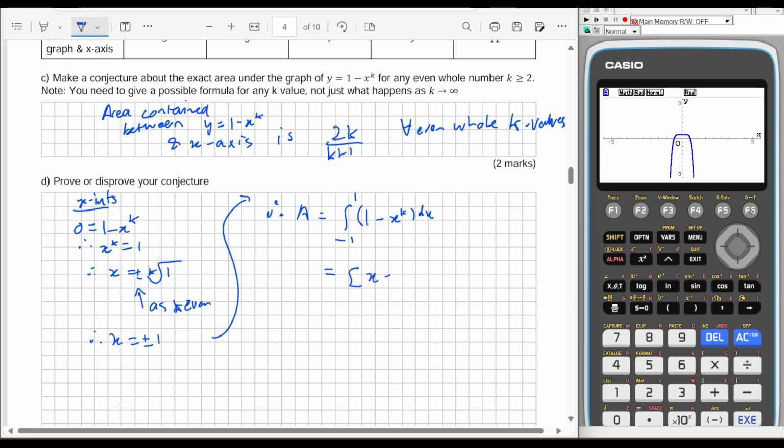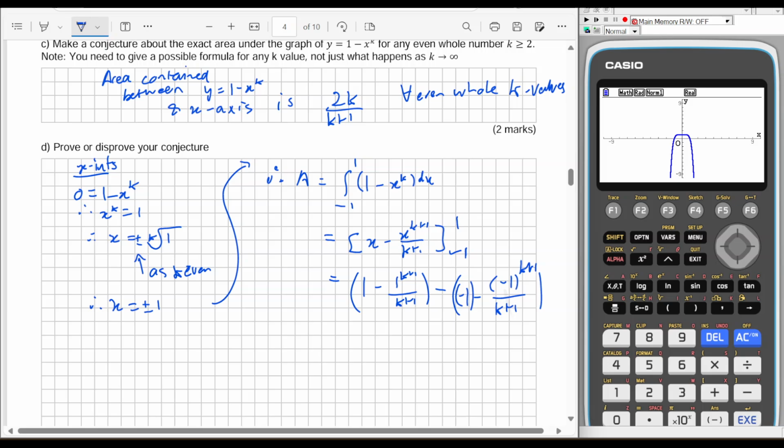So this is x take x to the k plus 1 over k plus 1 from minus 1 up to 1. So that's 1 take 1 to the k plus 1 over k plus 1, and then take away 1 take minus 1 to the k plus 1 over k plus 1. Okay.